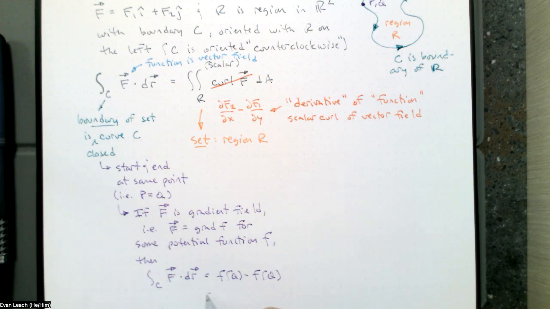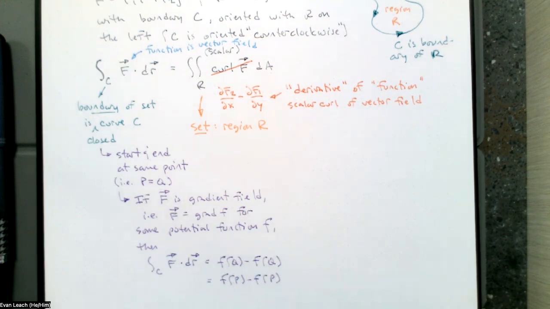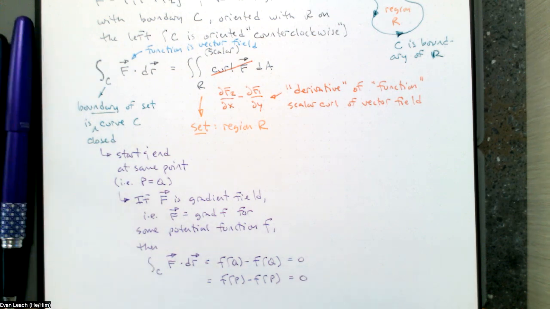Or f at P minus f at P, since the starting and ending points are the same. And in both cases, we'll end up with 0. Remember, we're starting and ending at the same point.